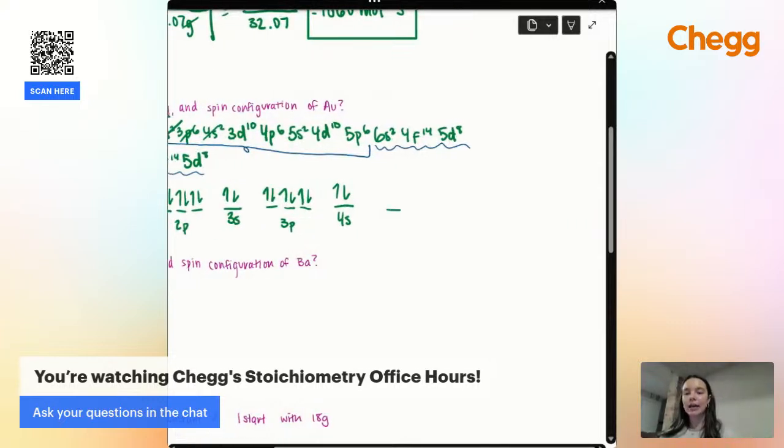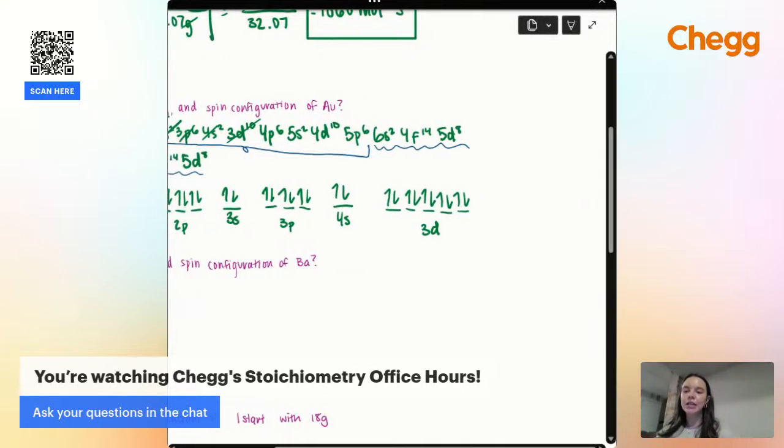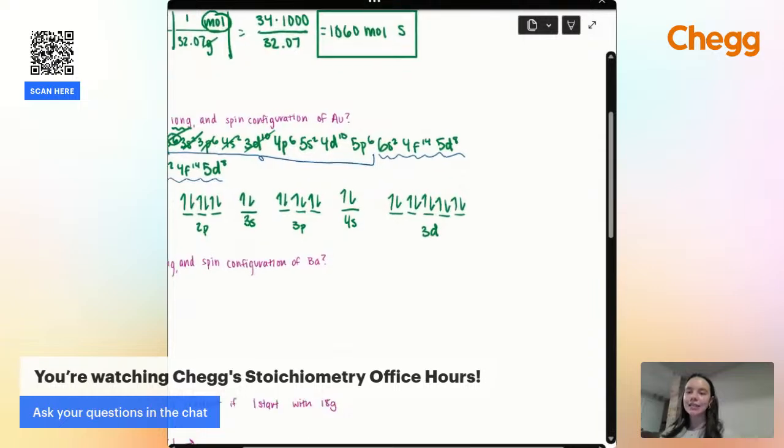And then we have 1, 2, 3, 4, 5 for 3d. 5 subshells represent 10 electrons because each subshell can hold 2 electrons. Up, up, up, up, up, down, down, down, down, down. All right, we're now at 3d10. And then we're going to go to 4p6.